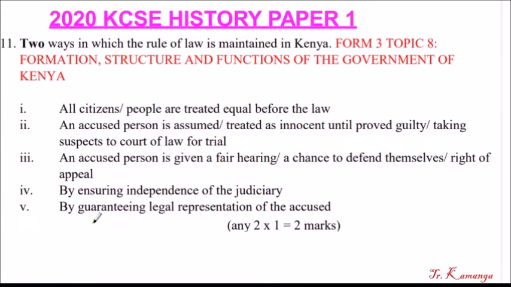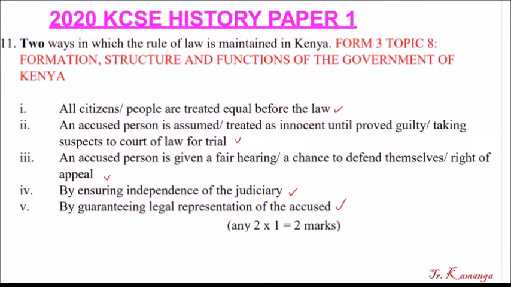Number 5, by guaranteeing legal representation of the accused. One is provided with a lawyer, especially the murder accused. They are provided with a lawyer or advocate to be assisted in their case. So that's how you answer question number 11.